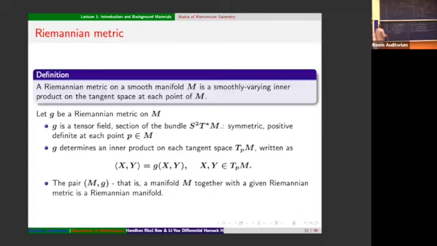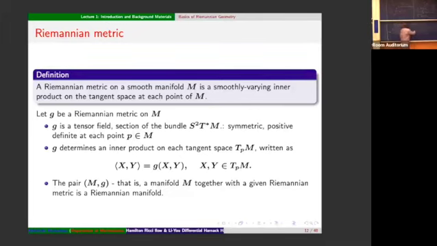By symmetric, let me just give this one so that we can speak. G at P, taking X, Y.